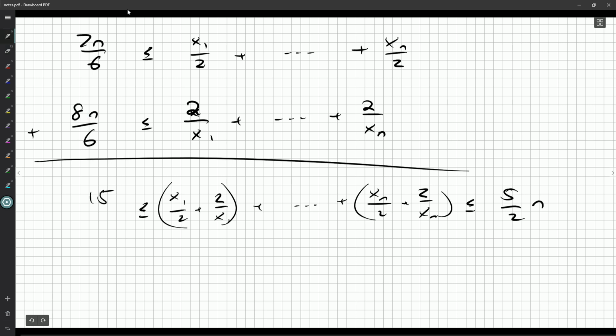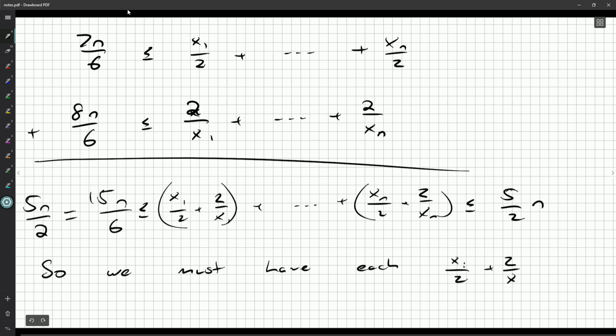And you'll get a total of 15n over 6, which, oh, that's kind of cool. You get exactly 5n over 2. So it turns out each of these must reach its maximum of 5 over 2. And that only happens when each xi over 2 is 2 or 1/2. And so xi has to be 1 or 4, those exact endpoints.